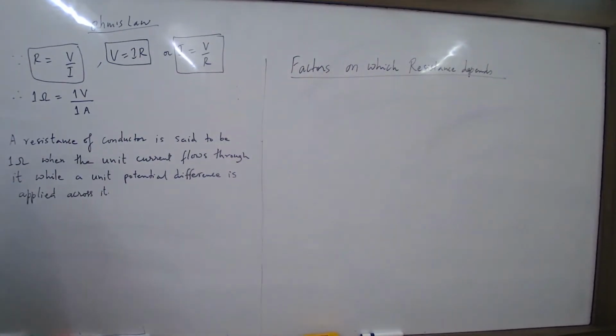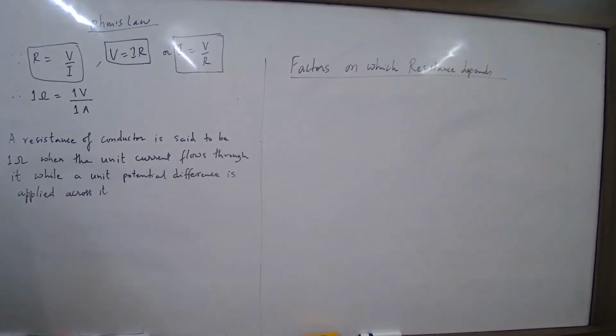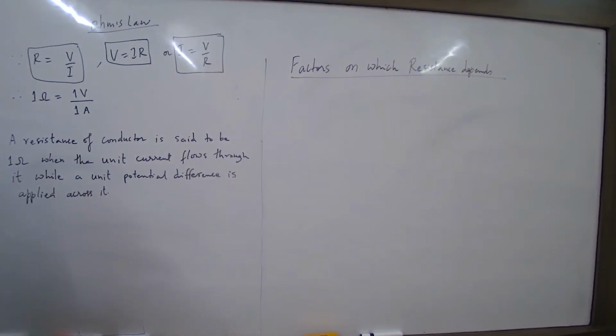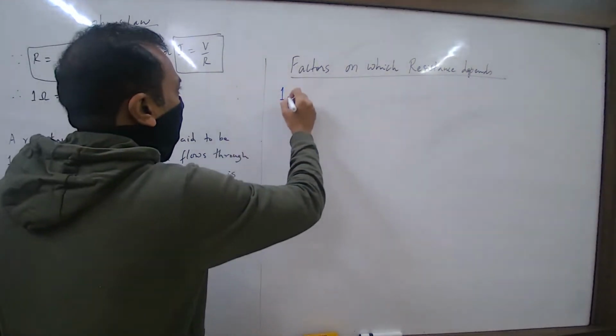Shape and size of the material. Shape and size later. First, what did I tell you? The nature of substance. In some substances, the collision will be less. In some substances, the collision will be more. So first is nature of substance.